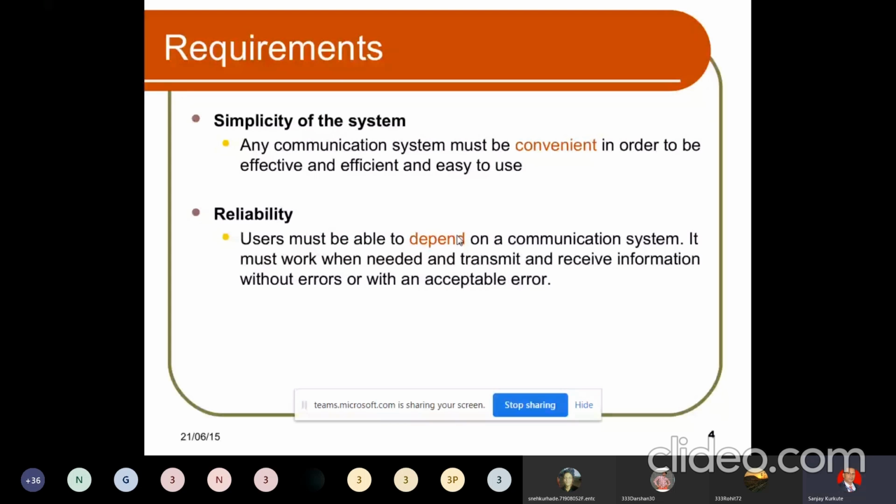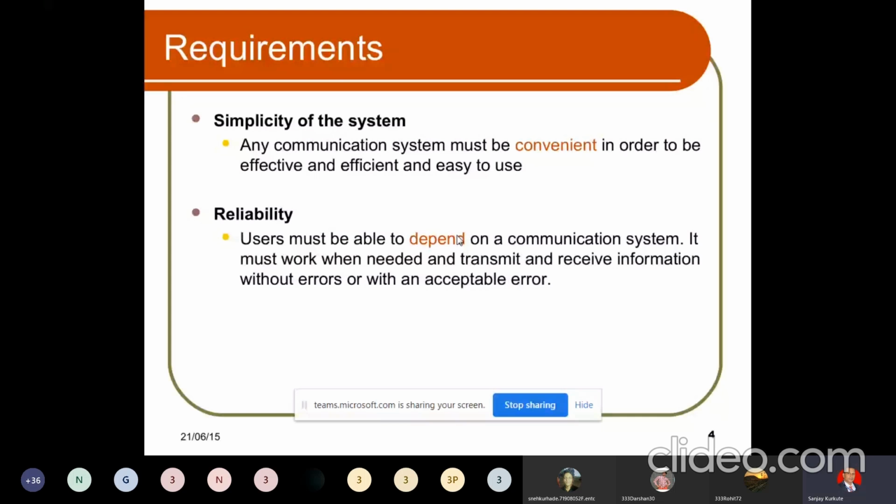Then one more point, reliability. This term will come in many designs: SMPS, linear power supply design, data acquisition system, everywhere reliability comes in the picture. The user must be able to depend on a communication system. It must work when needed and transmit and receive information without errors or with an acceptable error percentage.